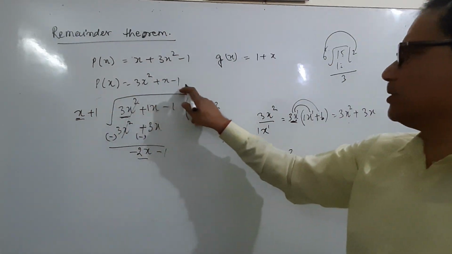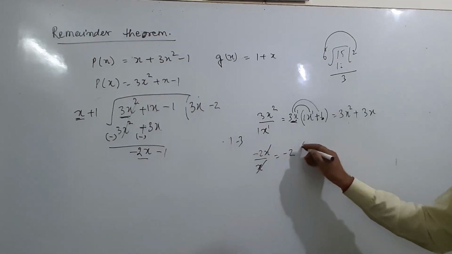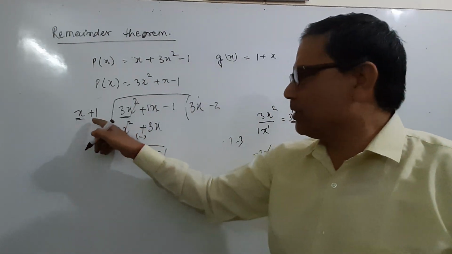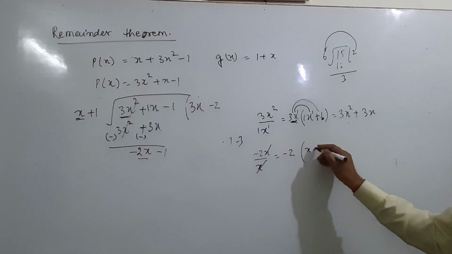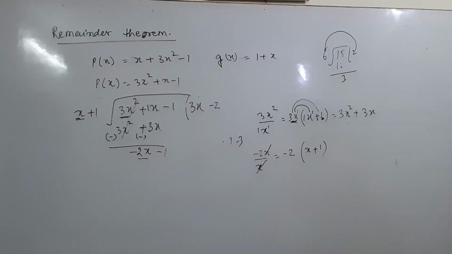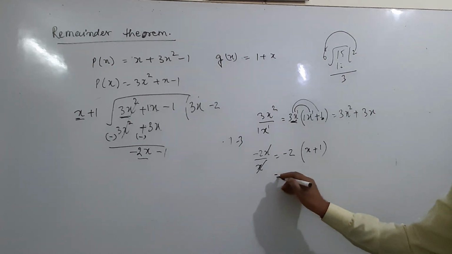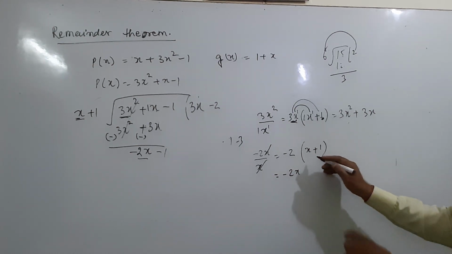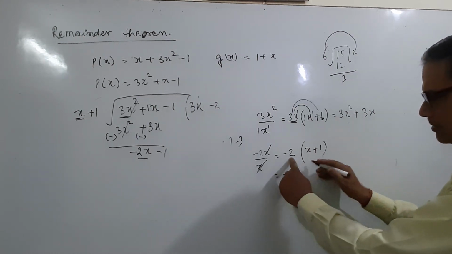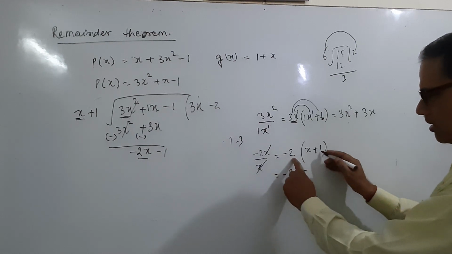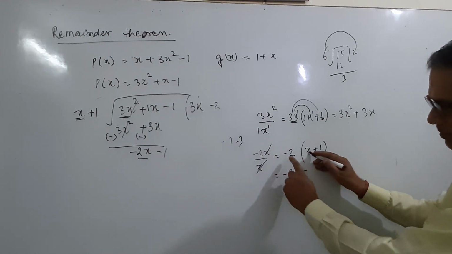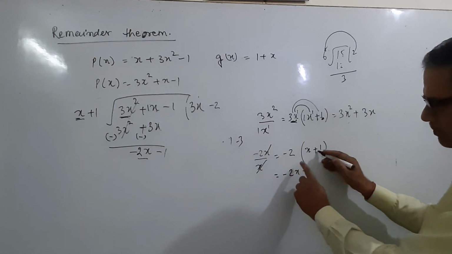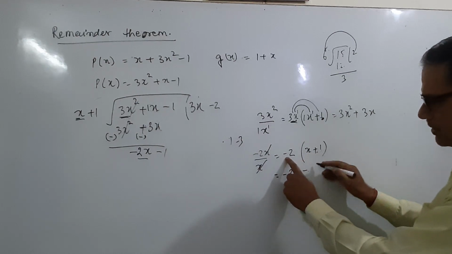Now I am removing this line. This minus 2 bracket multiplied to x plus 1. And then open bracket. What is your answer? Minus 2x minus 2: minus 2 into x, and minus 2 ones are 2.